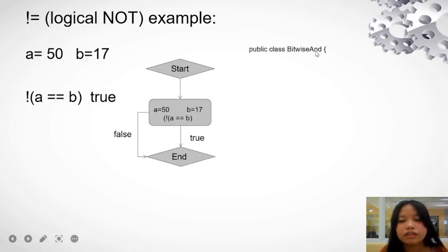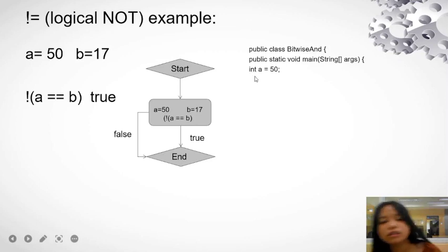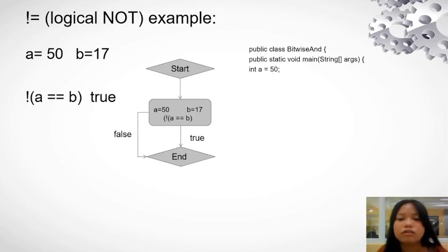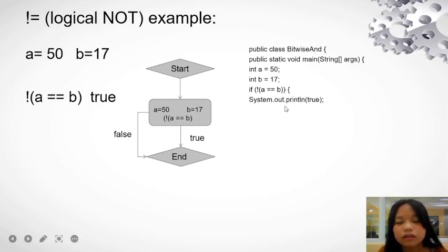So Logical NOT is our class name and this is our main method. Same with OR, int is our data type and A is our variable and 50 is our value, and same with B. So if A is not equal to B, it will print true.